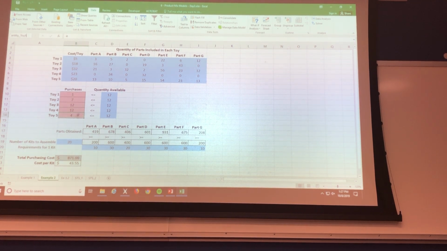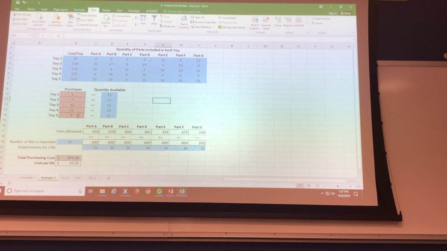I'm looking at the 4 there and naming it Toy 4. I don't care what you name it exactly, but something that would let you know what that cell is. Hit enter so it takes it. Does that make or break solver table? No, it doesn't. It just makes your solver table output easier to read.